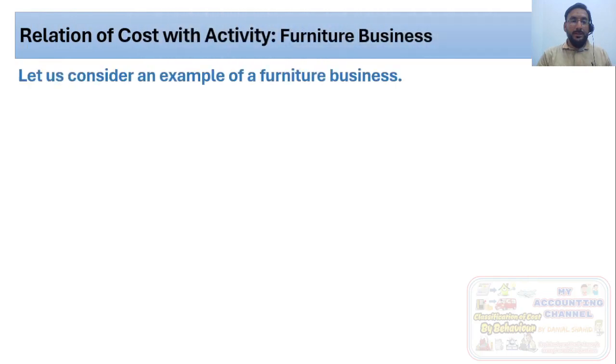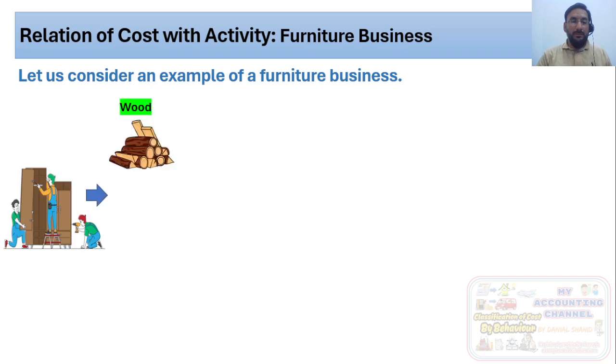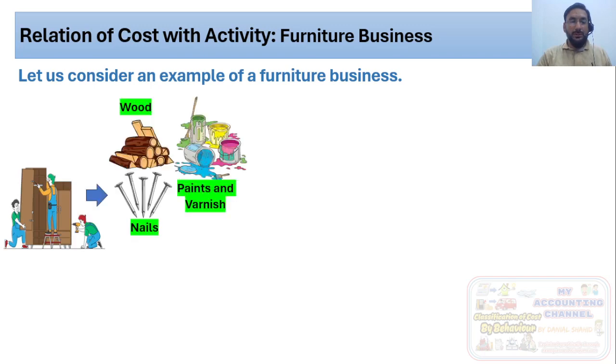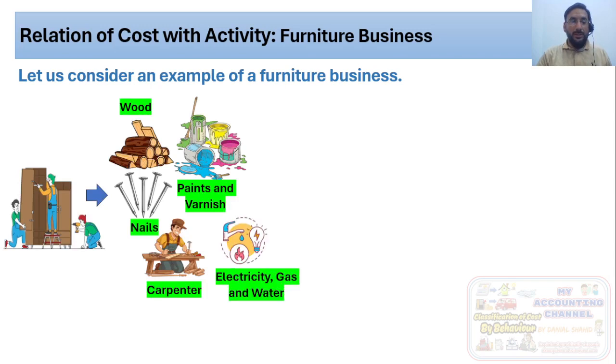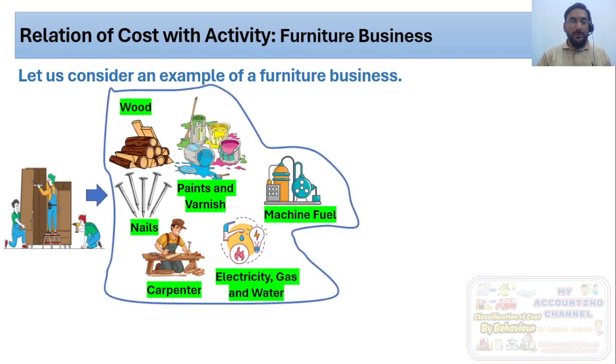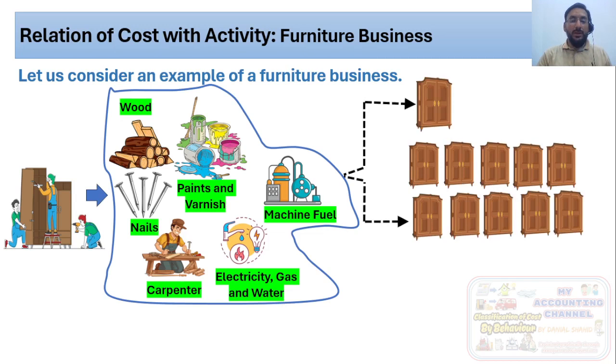So let us take an example of a furniture business. A furniture business bears some costs because they use resources. So wood, nails, carpenter, paints and varnish, electricity, gas and water charges and machine, all of the costs are faced by a furniture business in order to manufacture one cupboard or 10 cupboards. So over here the activity is the production of cupboards.